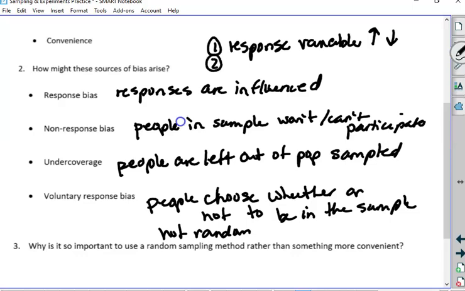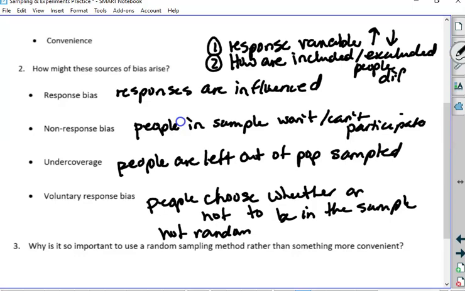And how are included and excluded people different? So you have to put these two together, tie those together. How are the included people and the excluded people different in the case of non-response, undercoverage, and voluntary response, and how might that affect the response variable?